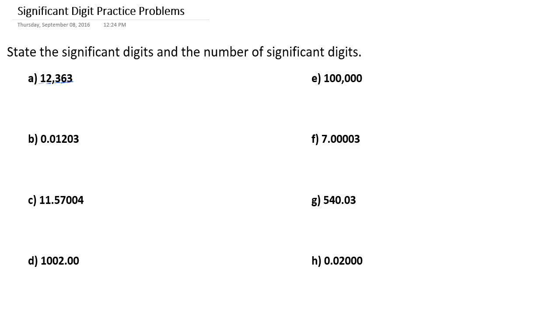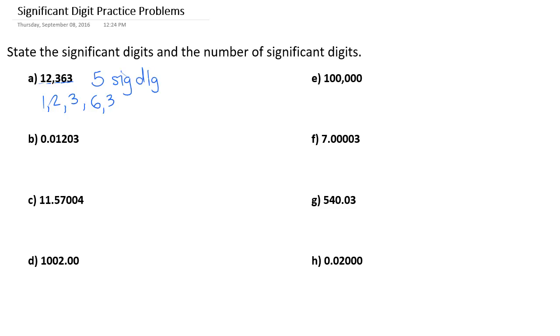So when we look here, all of these are significant. So we have 5 significant digits, and all of them are. So we say 1, 2, 3, 6, and 3.